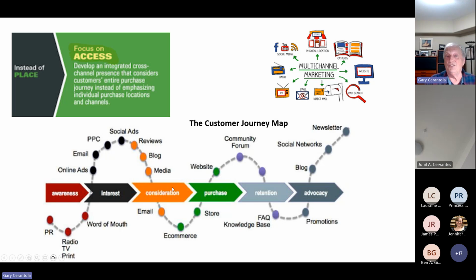A lot of software allows you a 90-day free trial, and they get you hooked, and you end up putting all your information in there, and you've bought into this thing, and now you're ready to purchase. But once you purchase, you want to retain those customers. And as you retain them, they're so excited that they start bragging about you.